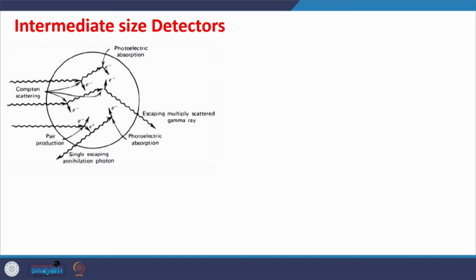So, continuing this for intermediate size. Photoelectric absorption as it is, okay, and the Compton scattering happens in such a way that the first Compton scattering happens here and the second Compton scattering happens here. So, multiple Compton scattering happens, and overall they are absorbed within the crystal, alright.